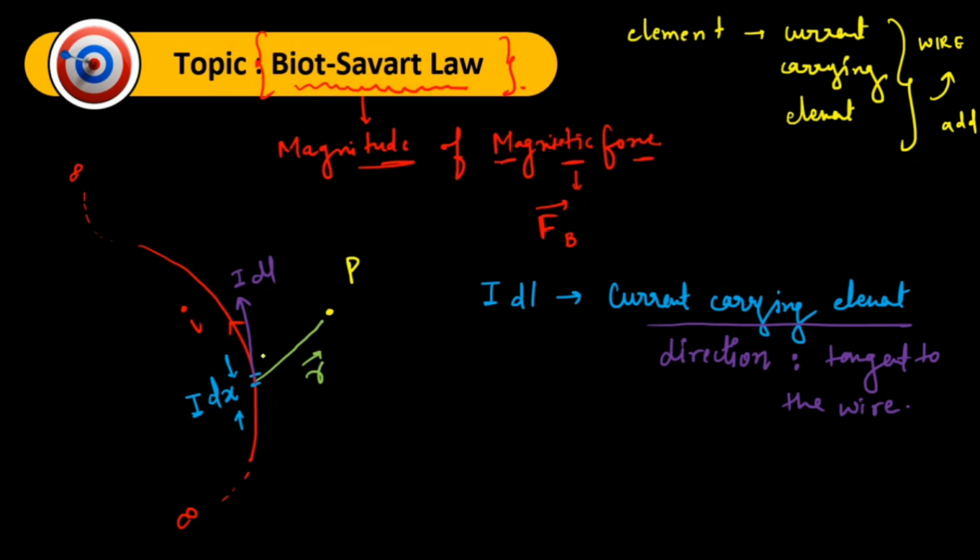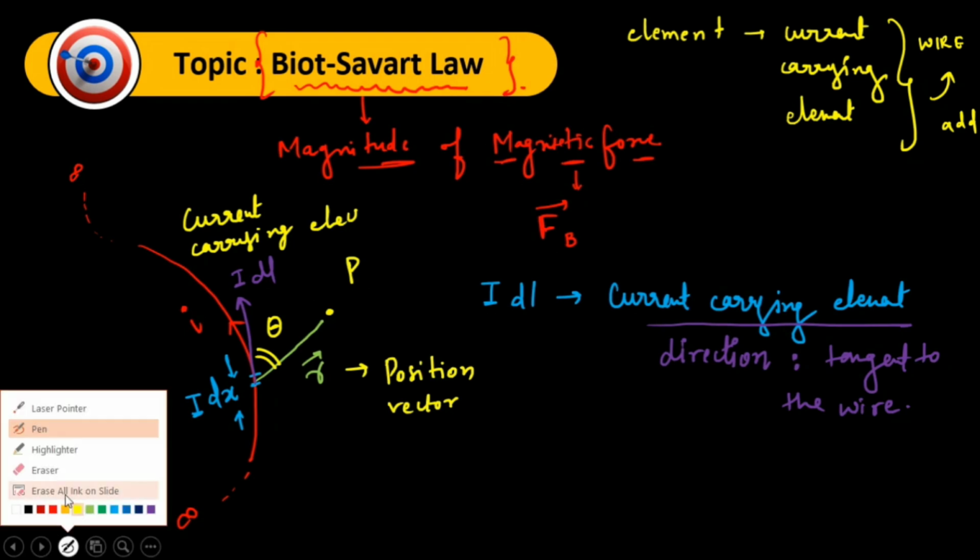Also, you can see that there is an angle between the position vector and the current carrying element, which can be represented as theta. Remember this? This is the position vector, which is representing the distance between the current carrying element and the point P at which we wish to calculate the magnetic field. And this IDL is the current carrying element. So the angle between both of them is something theta, we can assume.